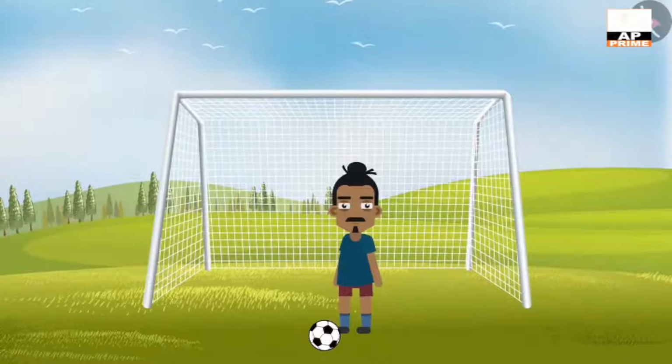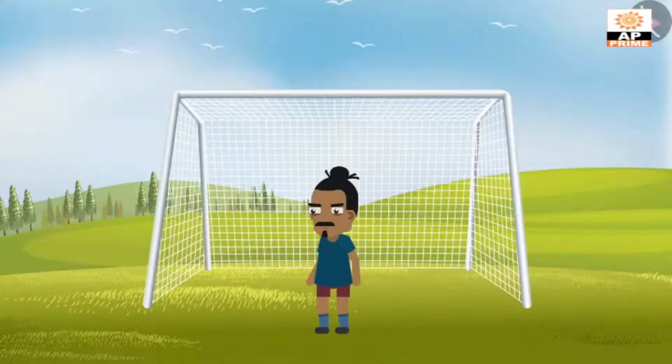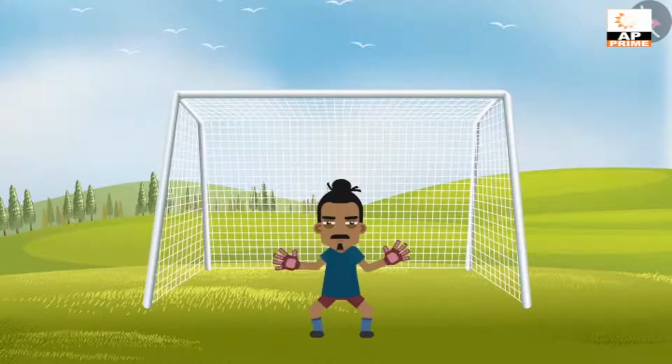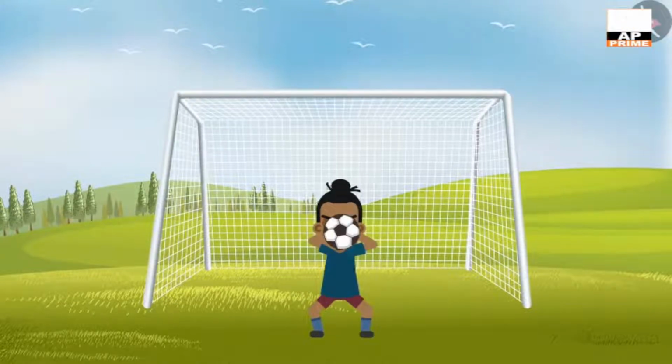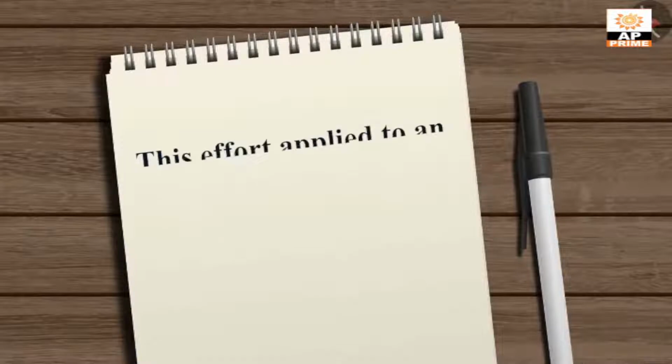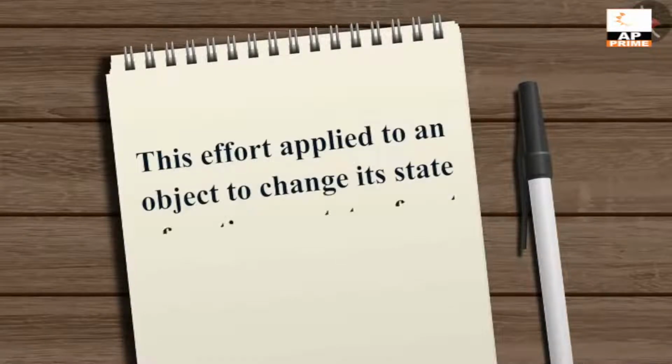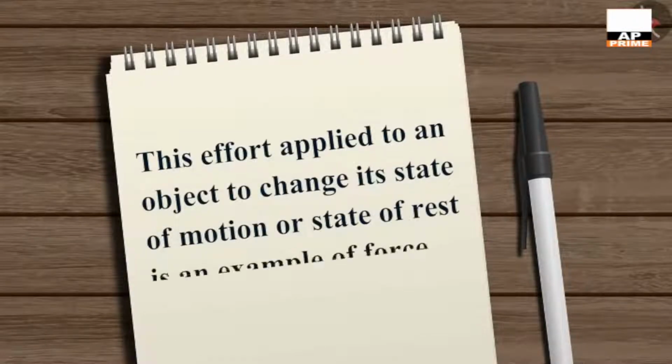We have observed that to move an object at rest or to stop a moving object, we need to put in some effort. This effort applied to an object to change its state of motion or state of rest is an example of force.